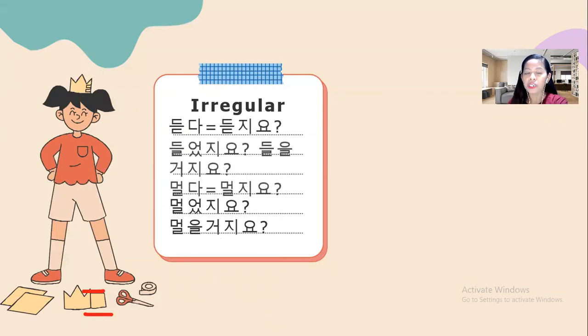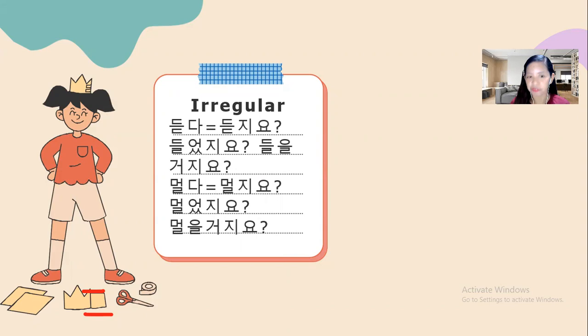We also learn that there are irregular verbs. Okay, so for example, 듣다, all right? So for 듣다, for the present tense, all you need to do is to attach 지요. So just like in other verbs and adjectives, we just need to attach it right away. 듣지요, are you listening, right?